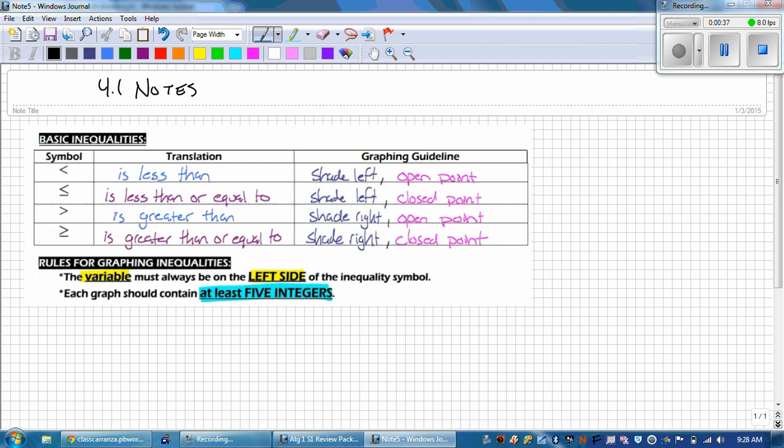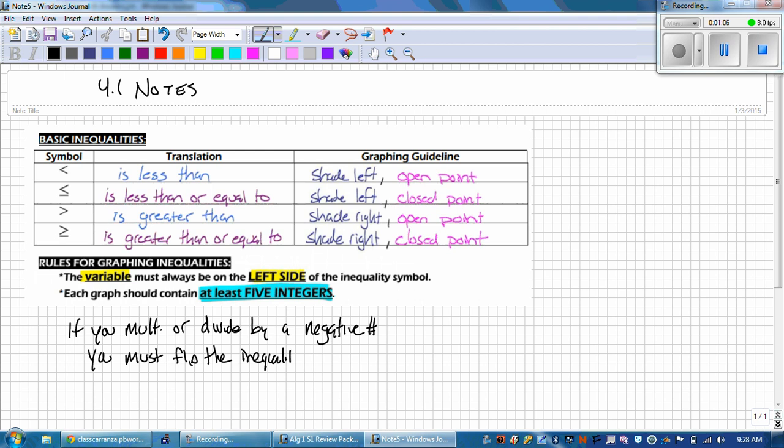Another rule that needs to be on your note card is if you multiply or divide by a negative number, you must flip the inequality. Okay, flip the sign. All right, these are all things you need on your note card. If you don't have them, pause the video, copy the stuff down, or just go back to your notes and copy it from there. Okay?